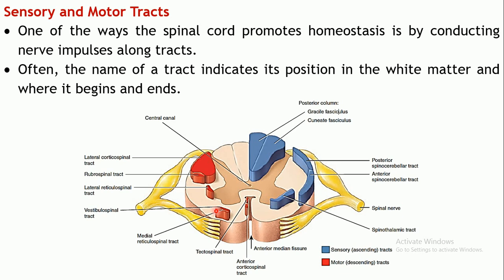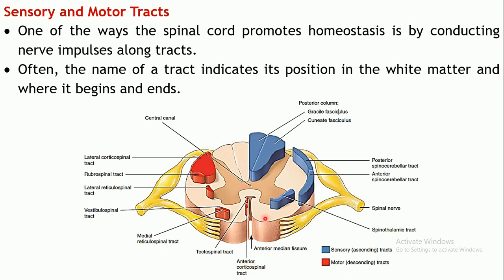Okay, now coming towards the names of these tracts. As you can see that these are named in a specific manner. Lateral corticospinal tract, okay, spinothalamic tract, anterior corticospinal tract. Okay. Now the names of these particular tracts indicate their position in the white matter, where exactly they are located. Anterior. Now why anterior? Can you justify why it is called an anterior corticospinal tract?